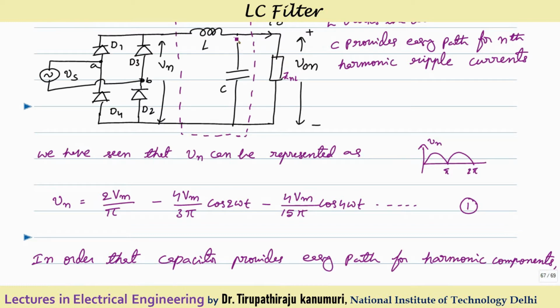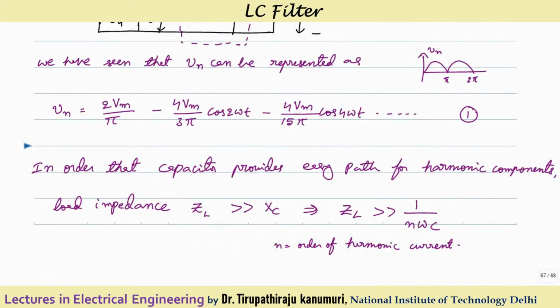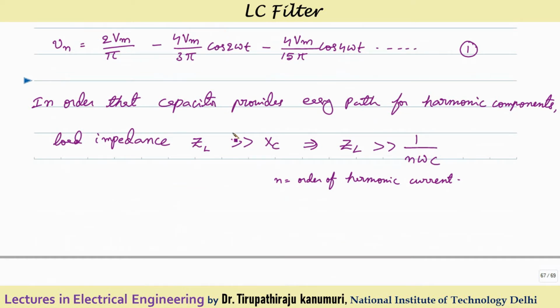That means this should act as a short circuit for all the higher order harmonic components, or we can say that the reactance offered by the capacitor should be far less than the impedance of your load for a particular frequency component, so that the component will be completely bypassed through this XC. Or we can say that the load impedance, which I am representing by ZnL or ZL, is far greater than XC, which is 1 by omega C. Omega is 2 pi f.